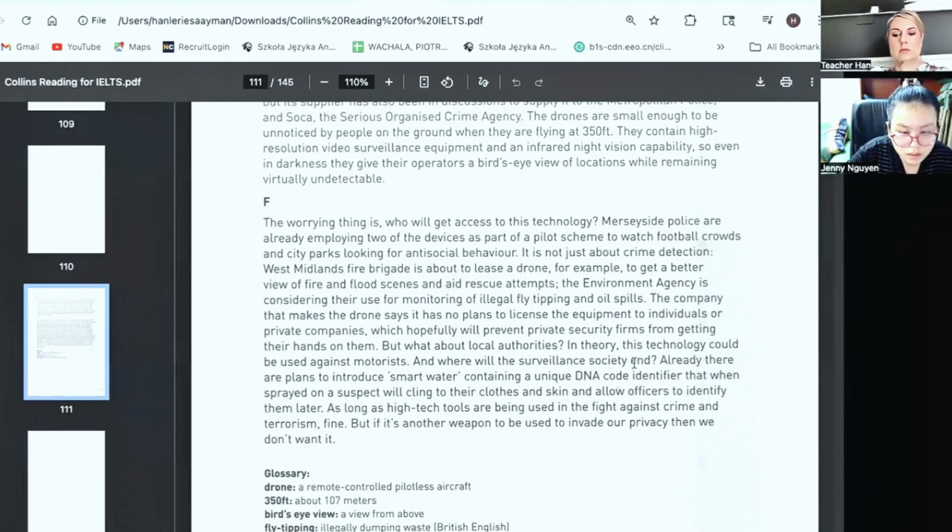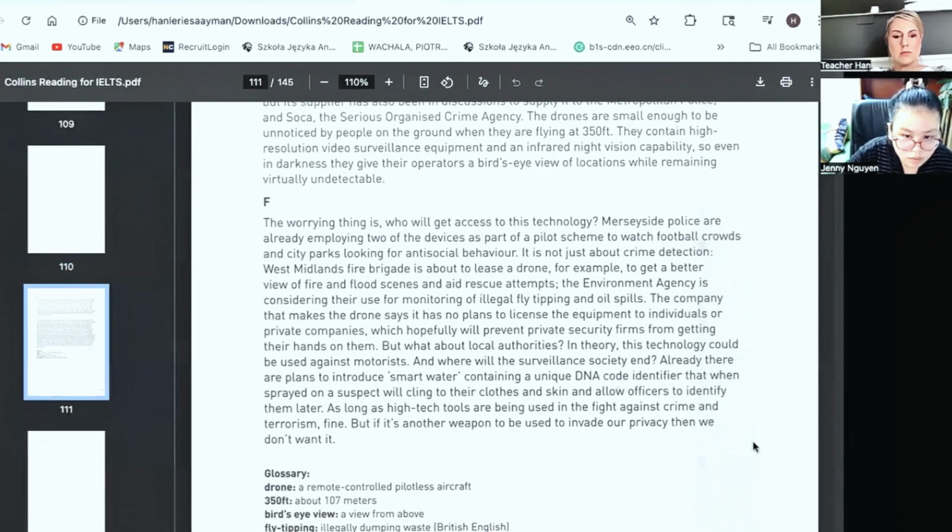Midwest Fire Brigade is about to use a drone, for example, to get a better view of fire and flood areas, and the Environment Agency is considering it for monitoring illegal fly-tipping and oil spills. Companies make the drones available only with a valid license, not to individuals or private companies, which hopefully will stop private security firms from getting their hands on them.